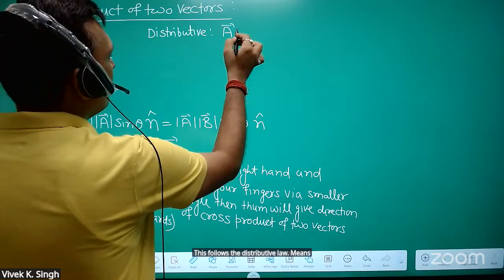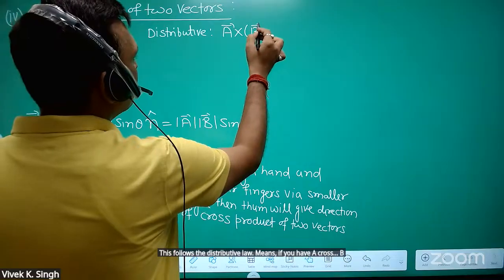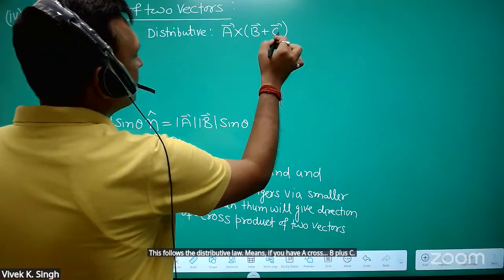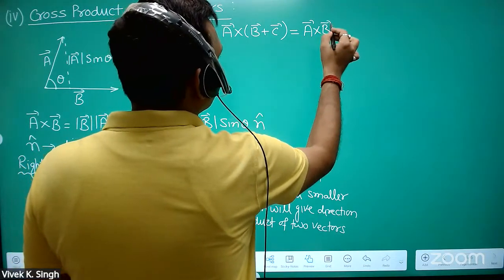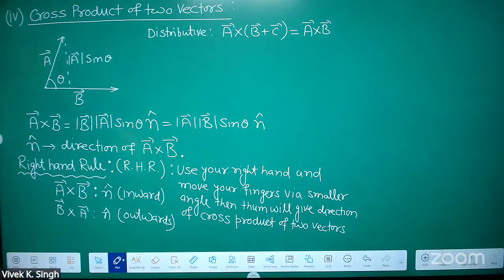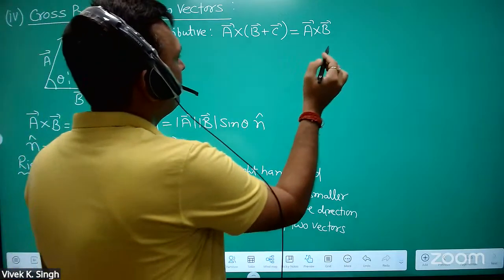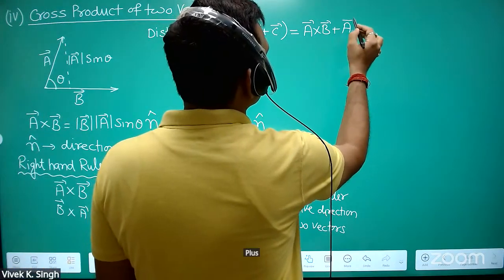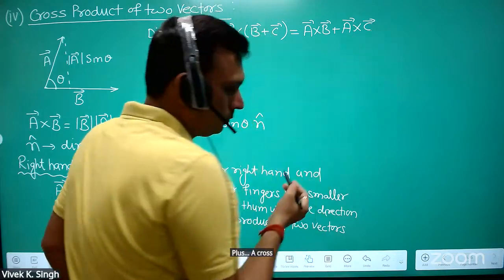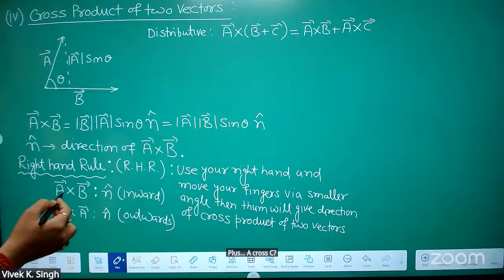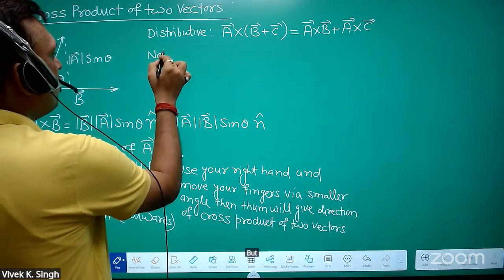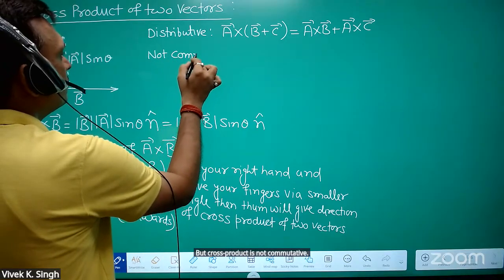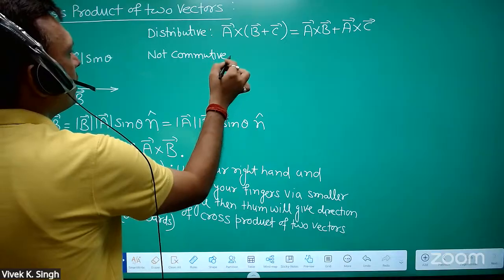Means A cross (B plus C) equals A cross B plus A cross C. But the cross product is not commutative.